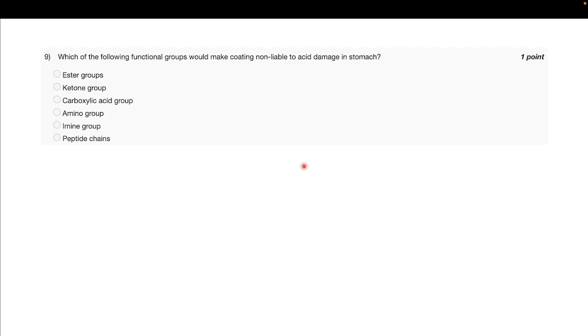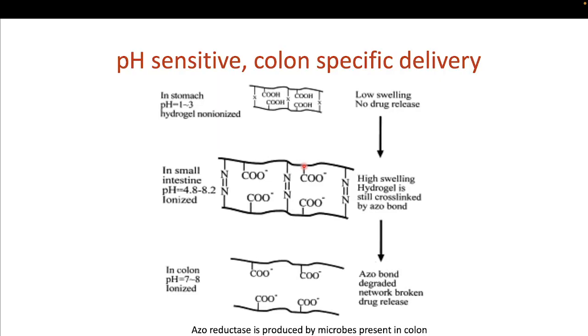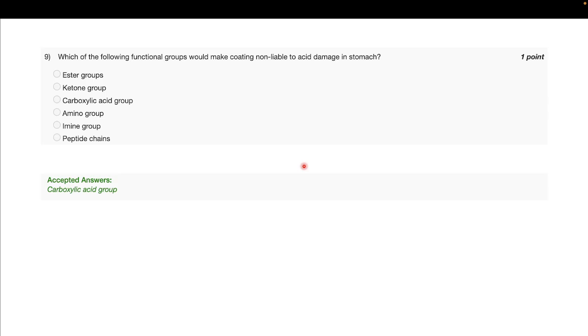Anybody trying to answer before I discuss it? Okay. The correct answer is actually carboxylic acid groups. This is what we have been discussing, right? Even in the enteric coating. We need functional groups which would make the coating non-labile to acid damage in the stomach.